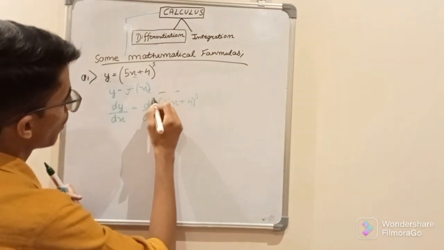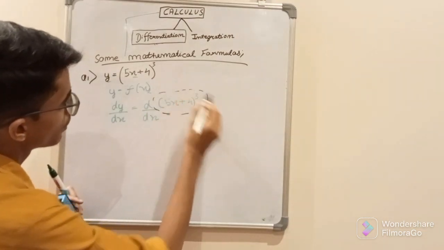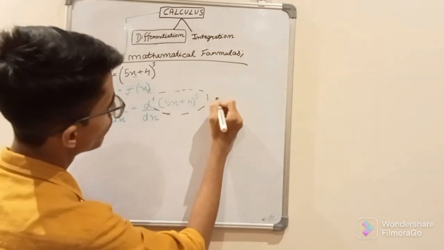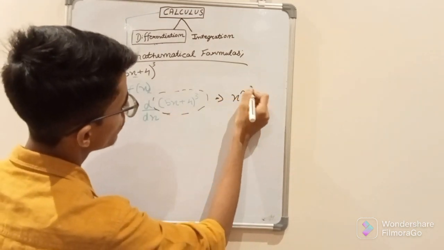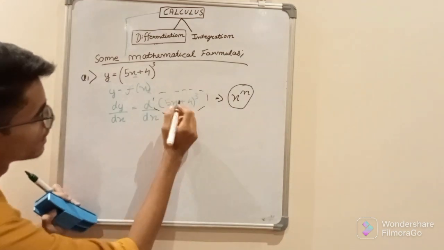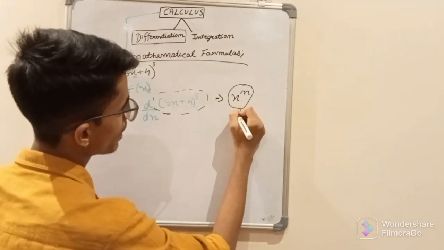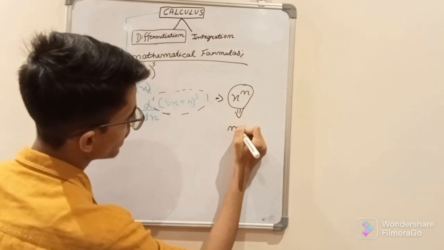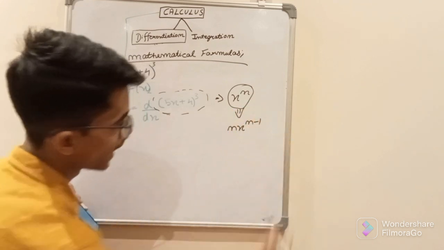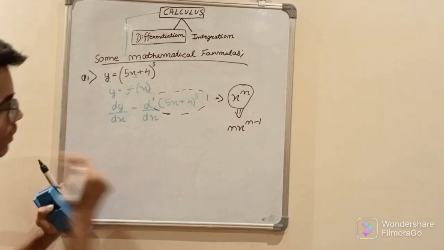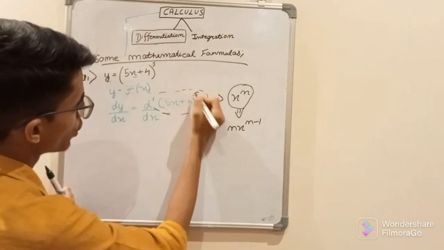Now if you remember the formula, this is in the form of x to the power n, and we know the differentiation of x to the power n is nx to the power n minus 1. So this is n over here.